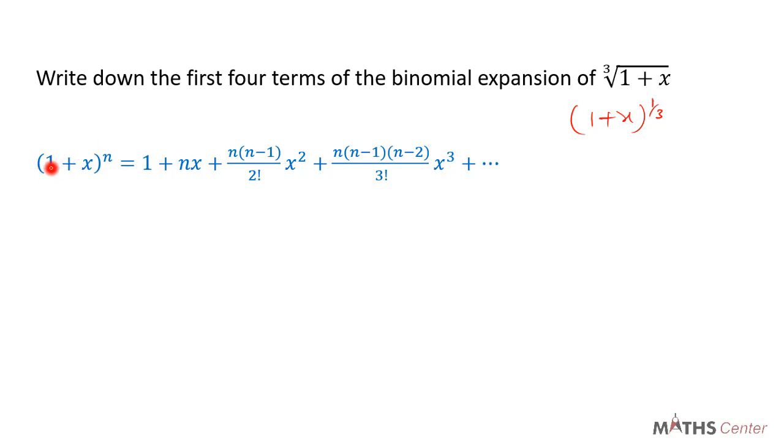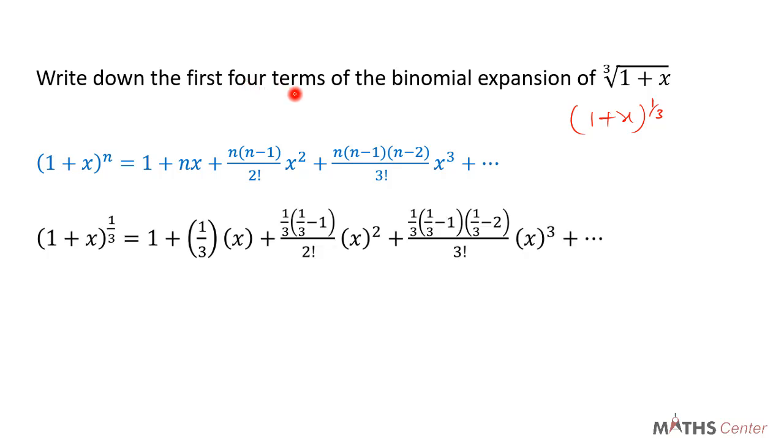So when we compare 1 plus x exponent n to 1 plus x exponent 1 divided by 3, we can see that 1 is 1, x is x, and the exponent n is 1 divided by 3. So here we are going to substitute n is equal to 1 divided by 3 here. We are doing it up to the first 4 terms. So the first term is 1.